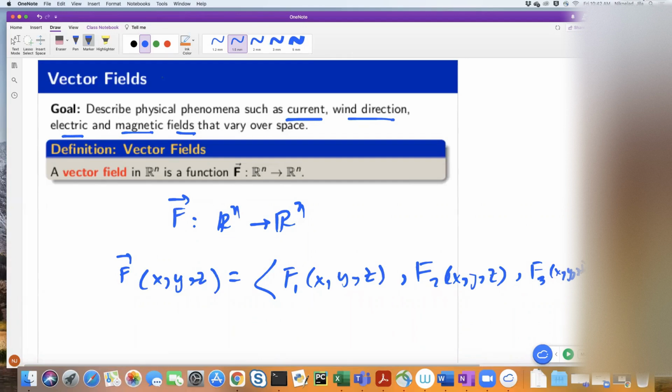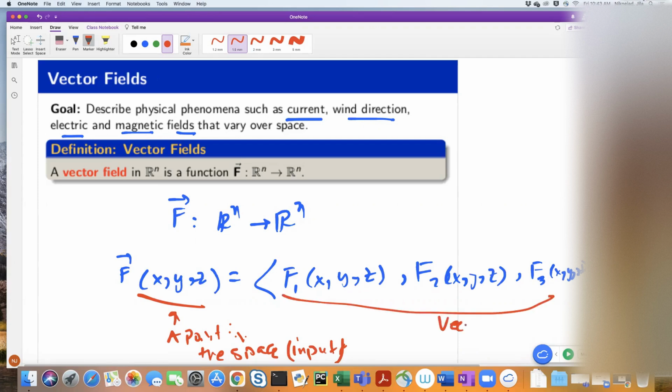So for each point in the space as input, you get a vector output.